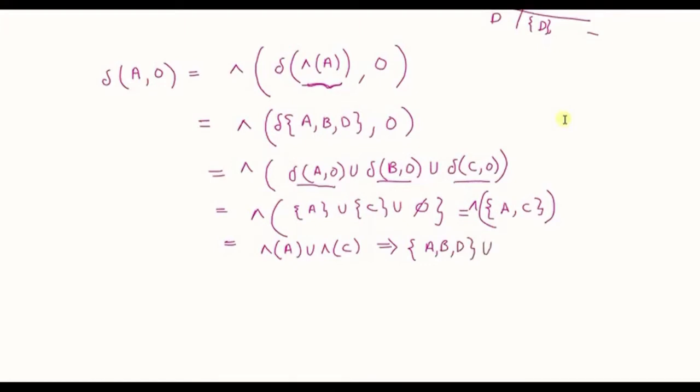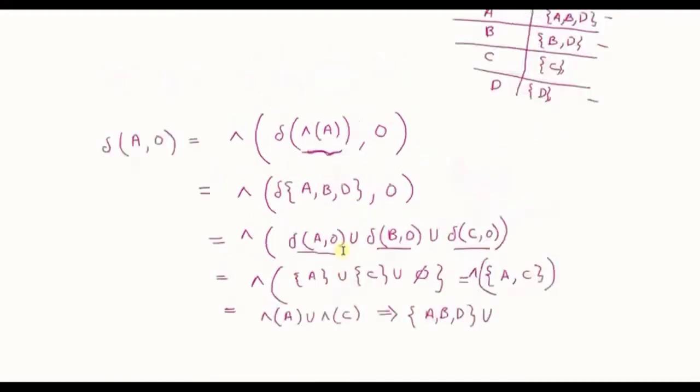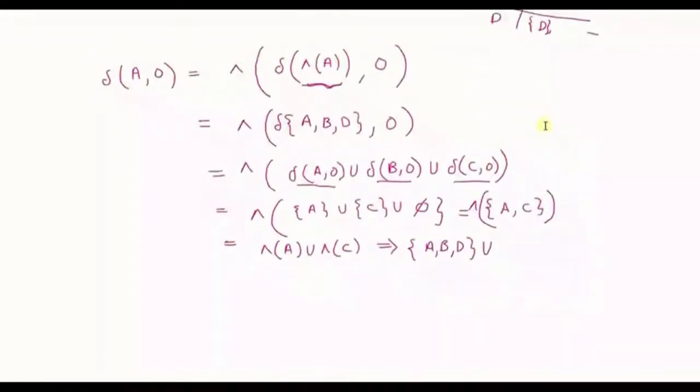Union. Now what is E closure of C? As you can see, E closure of C is C itself. So the set that you obtain here finally will be A, B, C, D. So transition of A on 0 gives you A, B, C, D.